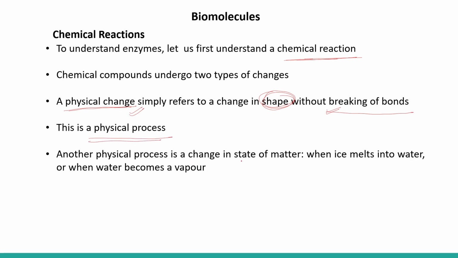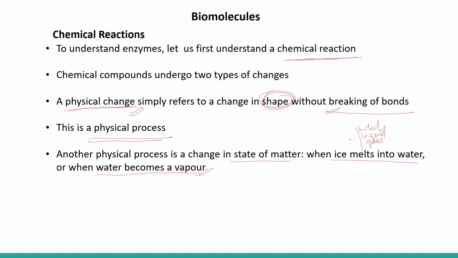Another physical process is the change in the state of matter. We all know that ice melts into water, and when water is heated, it becomes vapor. So here, water can exist in three forms: solid, liquid, as well as gaseous form.